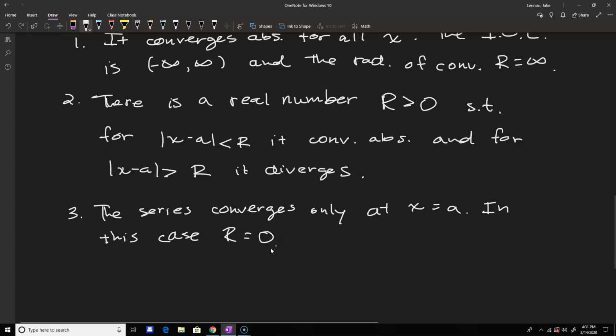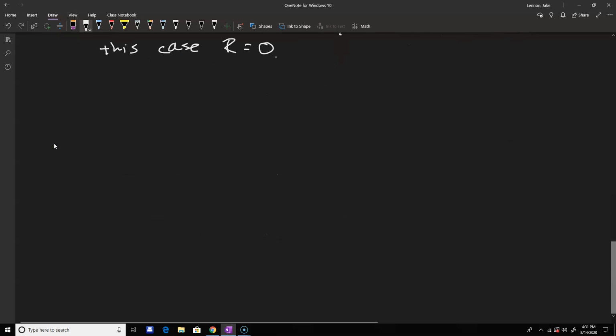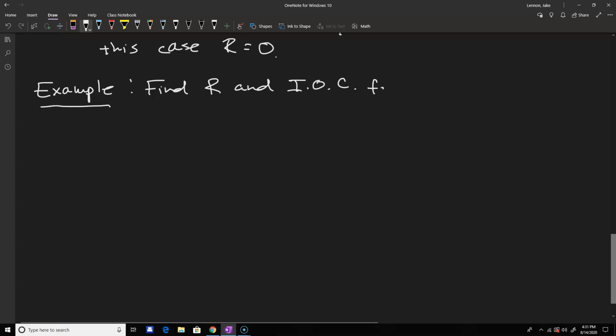Okay, so let's show how we can use the ratio and root tests to determine the radius of convergence for some of these power series. Example: find R, the radius of convergence, and the IOC, the interval of convergence, for each power series.